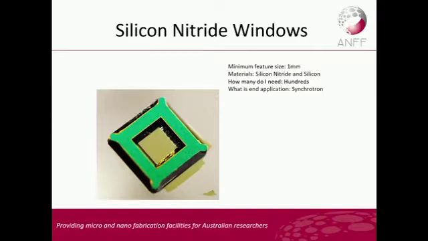Okay, so the next example I've got is a silicon nitride window. So this is something that we make for the synchrotron from time to time. So they want to be able to put things onto this very thin window. So the window can be down to 100 nanometers, 250 nanometers, depending on the requirement they have.